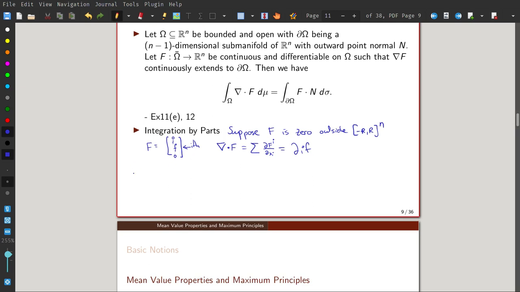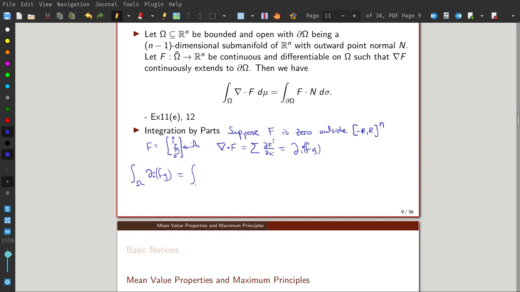And so on the left-hand side, we have the integral over, we can make it this box, which let's just call it omega, of the divergence. So we get something like this. Actually, maybe I want to make it a product, fg. Right, so then we'll have the partial derivative of f times g, like this.